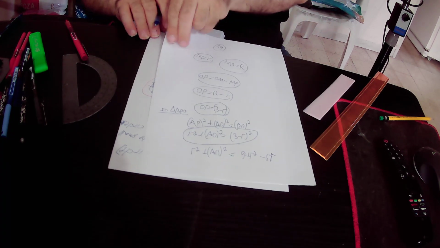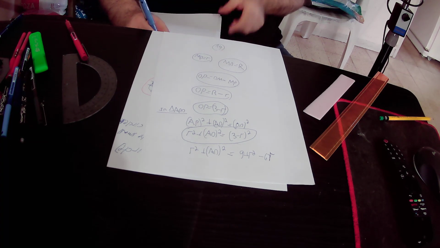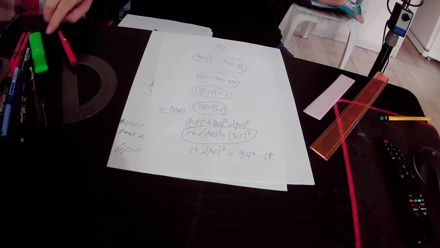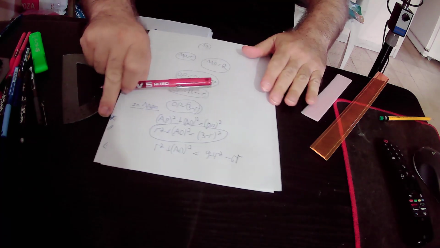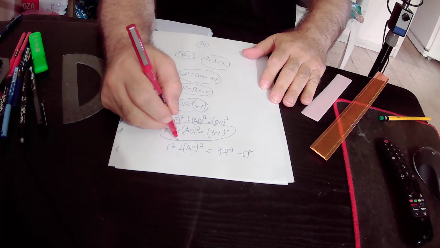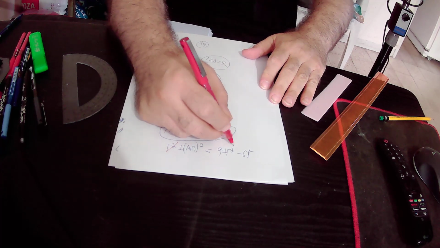So here we have r squared on this side of the equality, and r squared on the other side, so r squared will get cancelled.